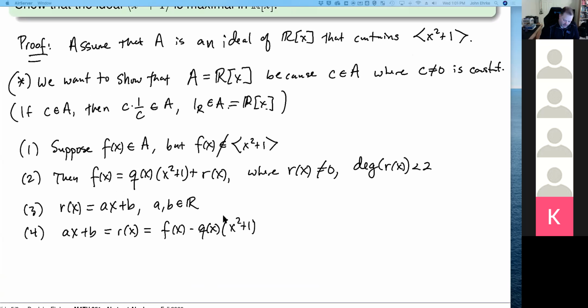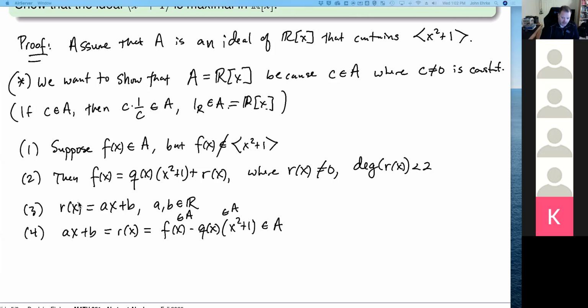So this product is also an element of A. And since A is an ideal, it's closed under subtraction. So I know subtracting those two polynomials will put this thing in A. So whatever the remainder is, I know it's an element of A.